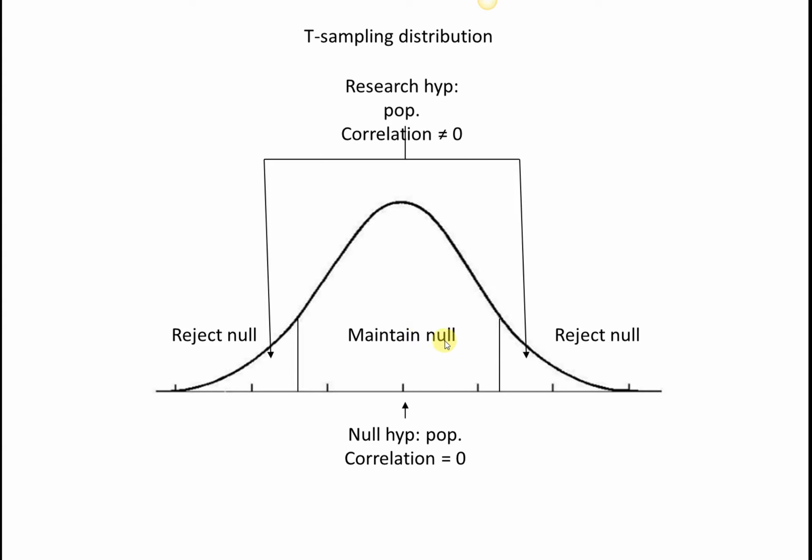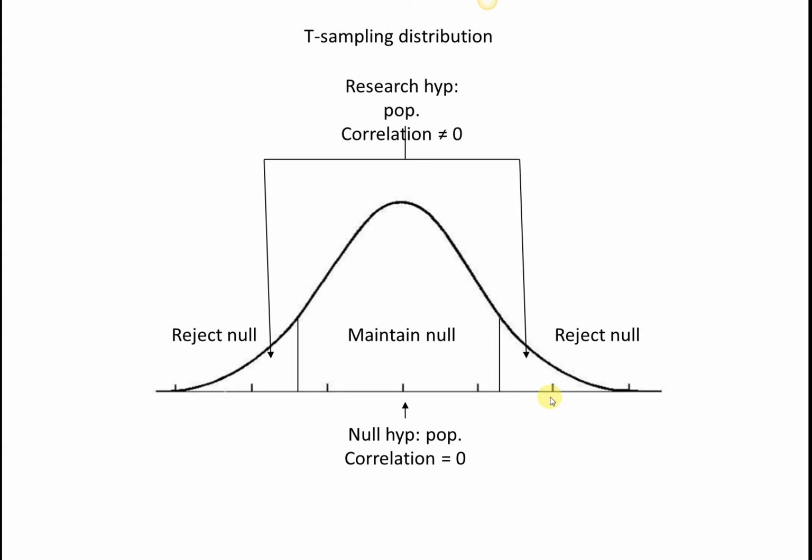If the correlation puts us in this tail or this tail, then we're going to infer that the difference between what we observe in our sample data and the null hypothesis is unlikely to be due to sampling error and more likely to be due to a real difference.